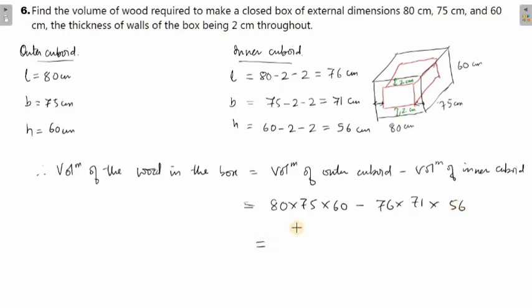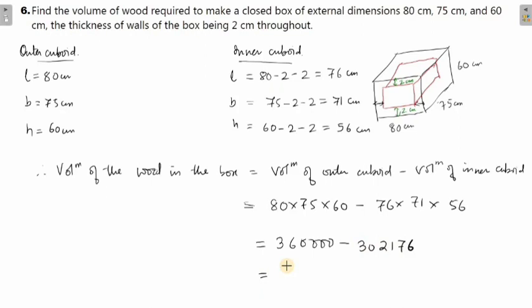So let's calculate quickly. 80 into 75 into 60 will be this much, minus 76 into 71 into 56, which is 302176. Now you just find the difference, and you get your answer.